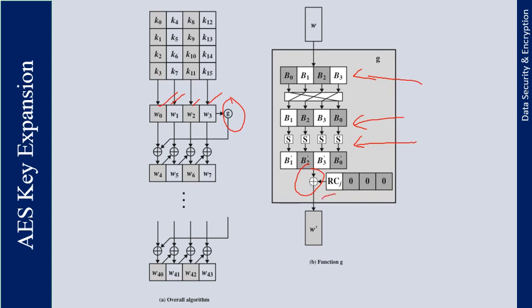The round constant is a word in which the 3 rightmost bytes are always 0. Thus the effect of the XOR is only performed on the leftmost byte of the word, which is represented as RC[j].